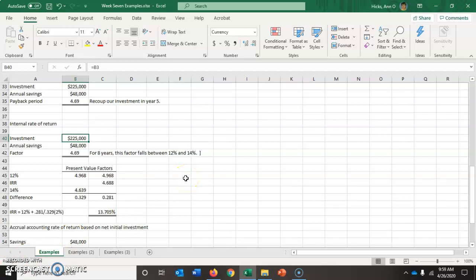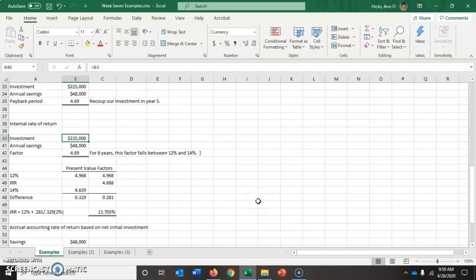The present value of your outflows equals your present value of inflows. And then you determine if that rate is equal to or exceeds your required rate of return.